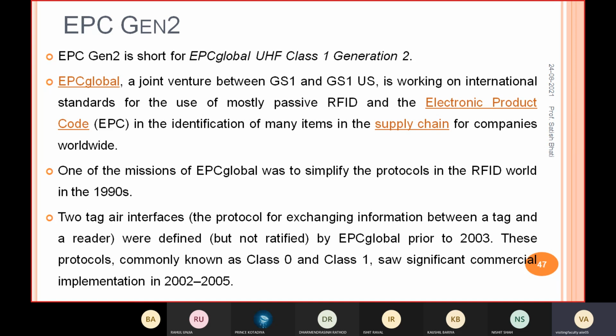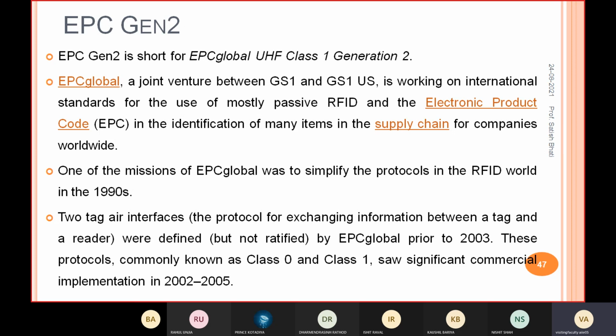Generally this passive RFID and EPC we use in the application of identification of many items in the supply chain for companies worldwide.